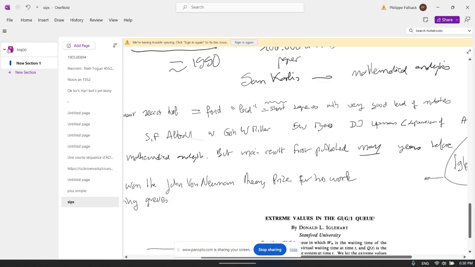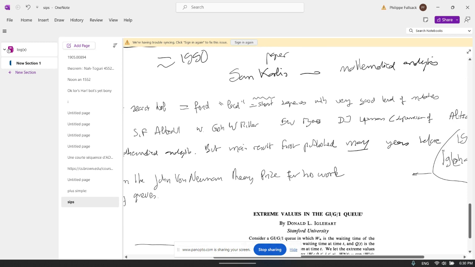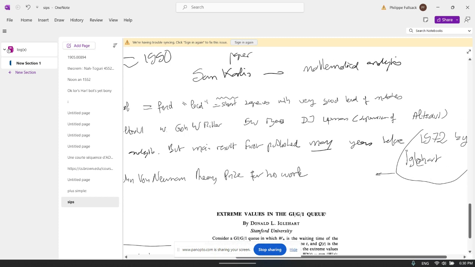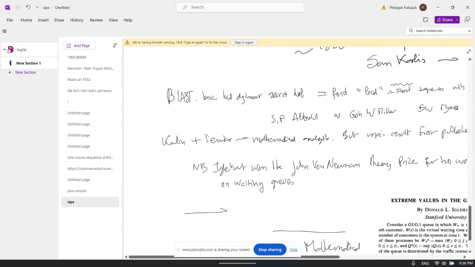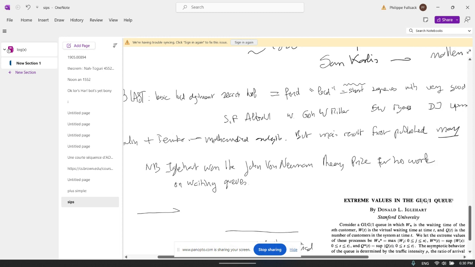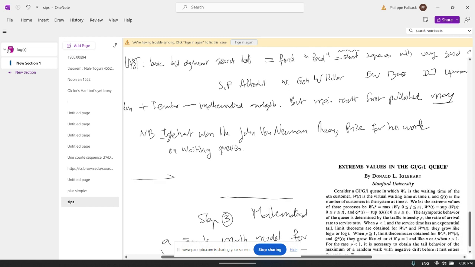Interestingly, the main item in the basic theorem that the mathematical analysis of matching of sequences is based on is a result that was proven many years ago, in 1972, by Iglehart, who was a student of Sam Karlin. Iglehart actually won the John von Neumann Theory Prize for his work on waiting queues.